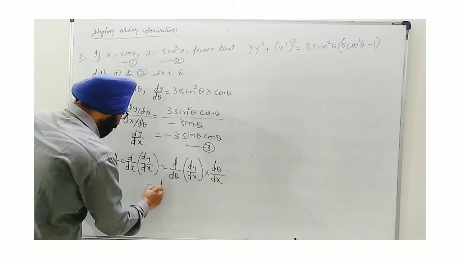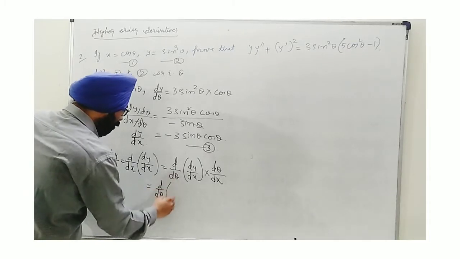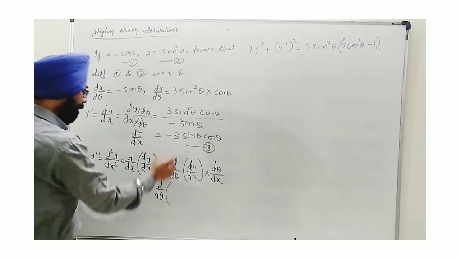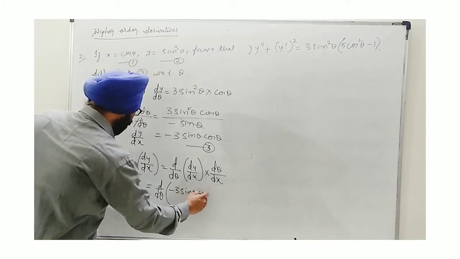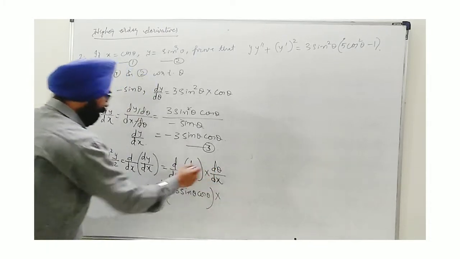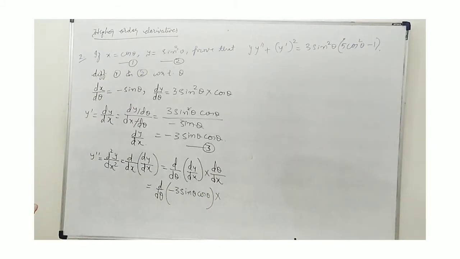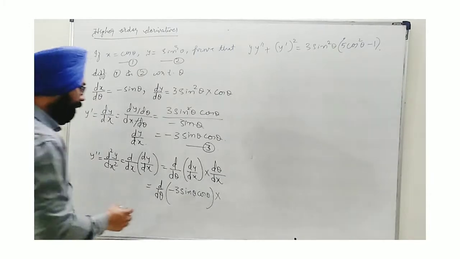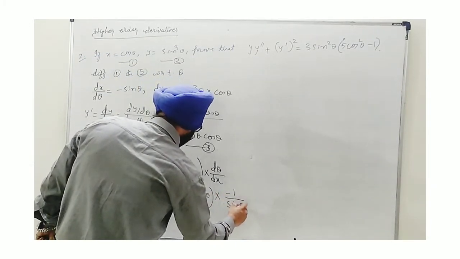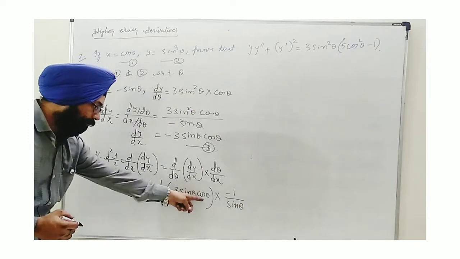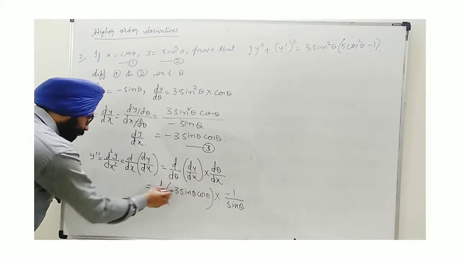D by d theta we do of dy by dx, which we have obtained as minus 3 sin theta cos theta into d theta by dx. This we will obtain from dx by d theta. It's reciprocal, it comes minus 1 upon sin theta. Now we know that sin and cos are in multiplication, so product rule applied.